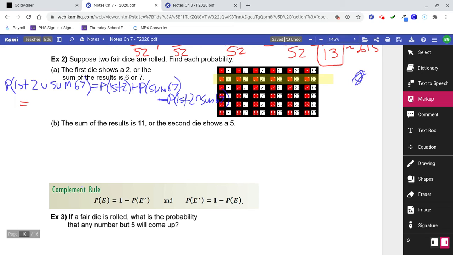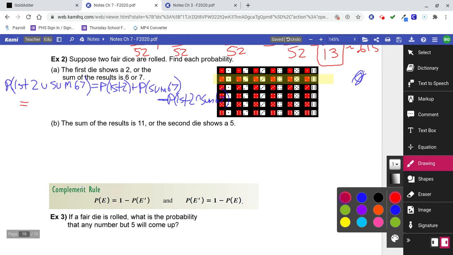Okay, that row is showing a 2 and a 1, a 2 and a 2, a 2 and a 3, a 2 and a 4, a 2 and a 5, and a 2 and a 6. So there are 6 results where the first die is a 2 out of 36 possible outcomes.